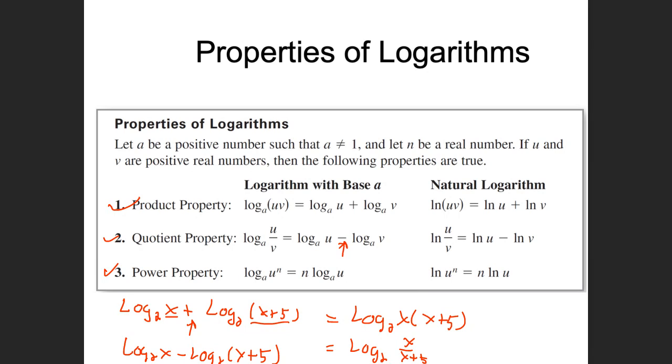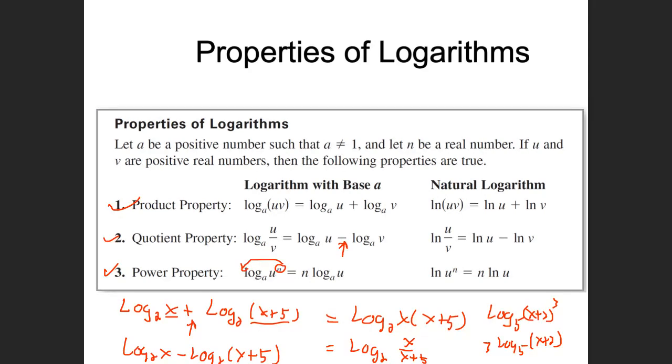Anytime you have an exponent here, we can bring that n to the front of the logarithm. So if I had something like the log base 5 of x plus 2 all raised to the third power, I could rewrite this as 3 log base 5 of x plus 2. That exponent can be moved to the front. So those are the things that we're going to be using today to simplify logarithms down. And then that leads us to next week when we start solving.